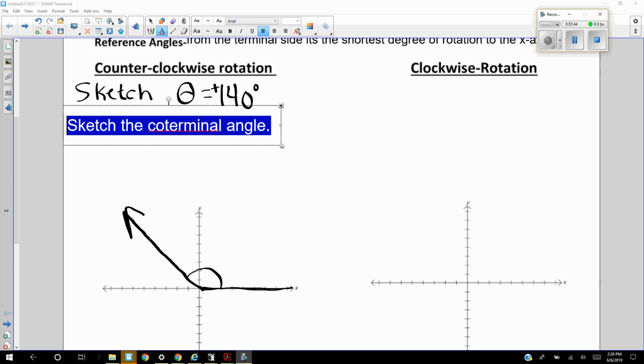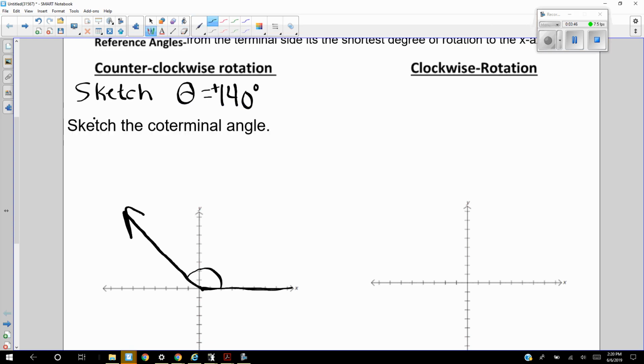And then here we're going to sketch the coterminal angle. So again, coterminal means it starts and ends in the same place, but it rotates in a different direction. So that means since 140 degrees was a counterclockwise rotation, for the coterminal angle we're going to go clockwise.